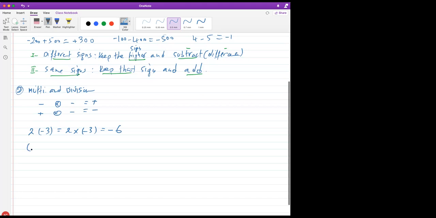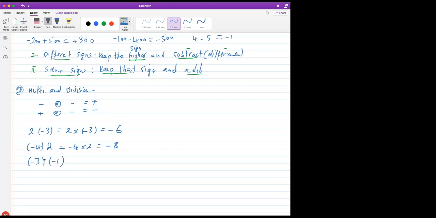You may also see something like this. This also means a multiplication. There's nothing here. So we can think of this as -4 times 2, which is -8. You may also see this.